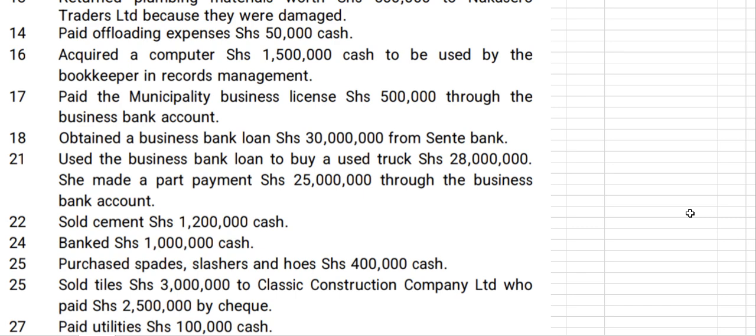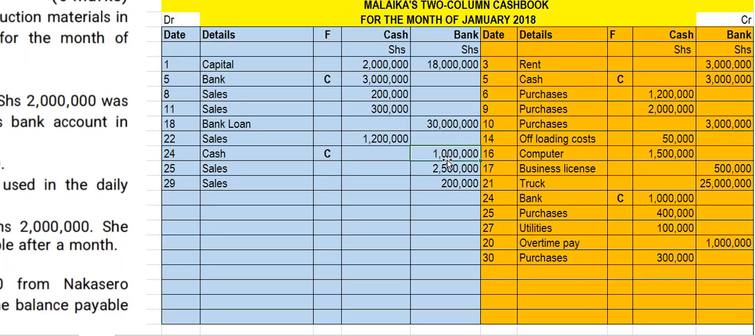Present that in the cash book. 24th, cash, contra, bank, 1 million. The business banked cash. So the cash at bank increases by 1 million, but then your cash at hand will reduce. That's why you see on the credit, on 24th, details, bank.